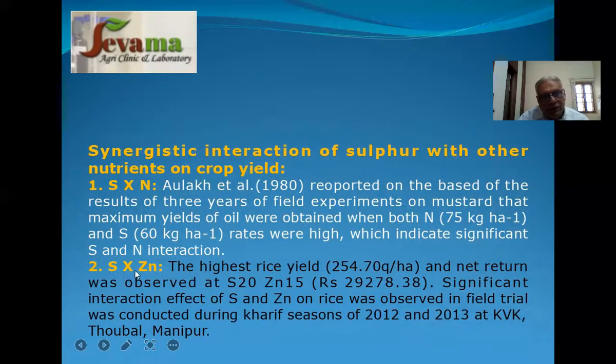Similarly, we can see sulfur and zinc interaction. The highest rice yield, 254.70 quintal per hectare and 250.47 quintal per hectare, and net return was observed at S20 Zn 15 kg zinc per hectare, rupees 29,278.38 per hectare.